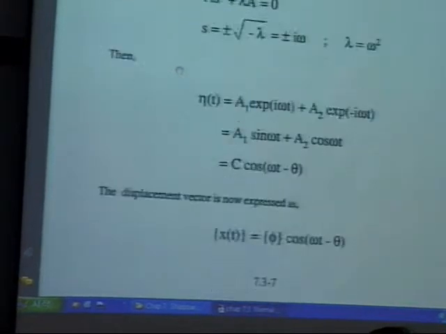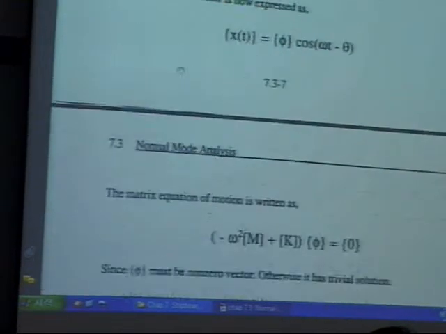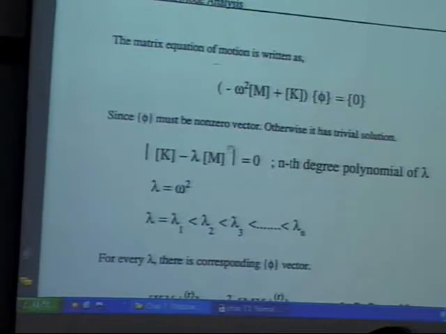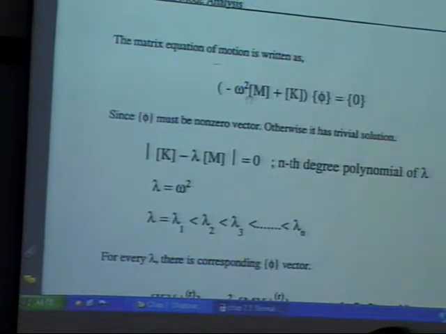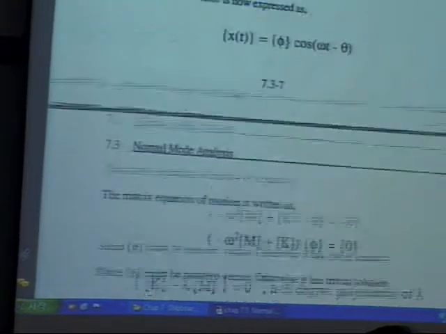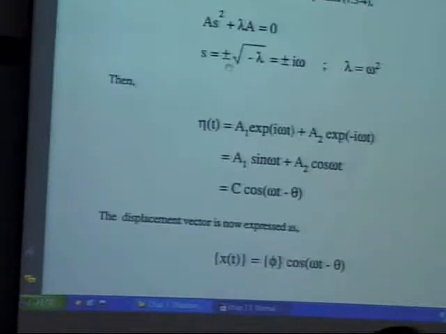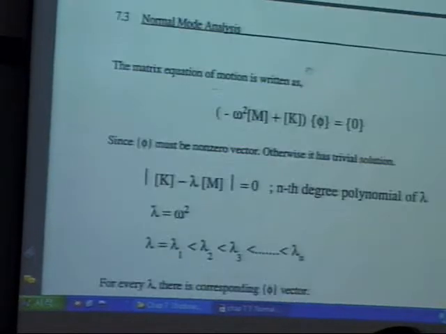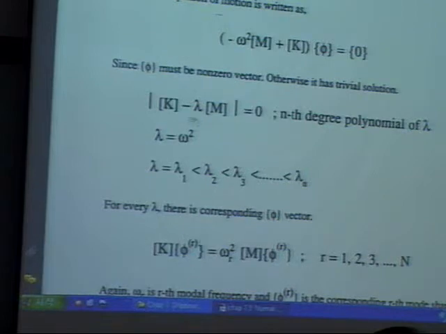So from here you get the solution for eigenvalue.